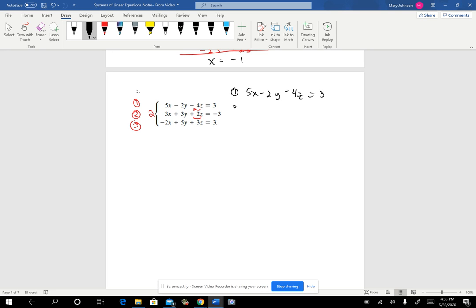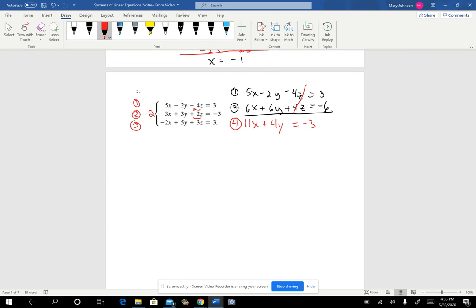But with equation 2, I'm going to multiply through by 2 everywhere. Okay. Now, when I add those two equations together, I get 11x plus 4y, my z's are gone, equals -3. This is one of the equations I'm trying to get. That's an equation 4.